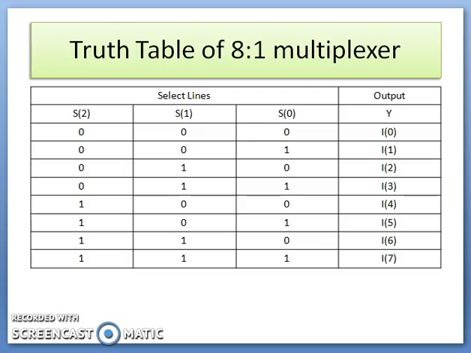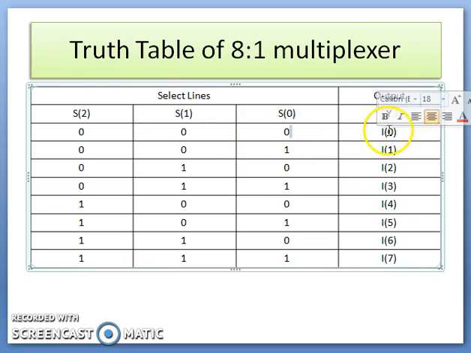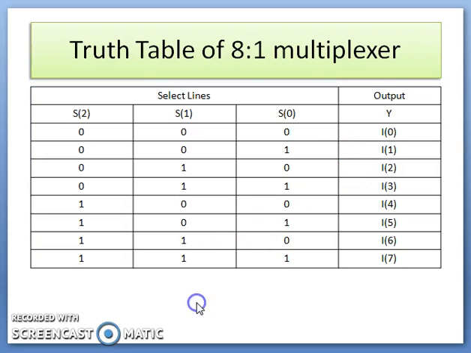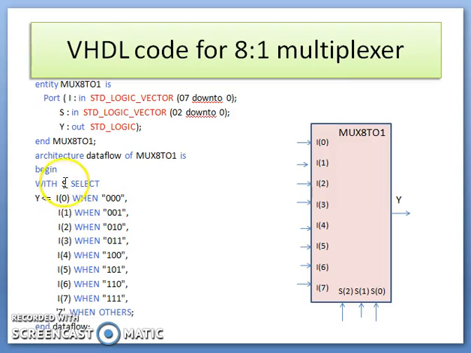In the truth table, when you apply the select line combination 0, 0, 0, the I0 input should appear at the output Y. So it should be reflected in the code with the select statement.